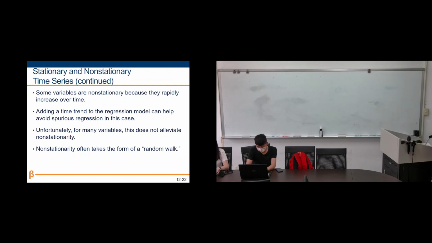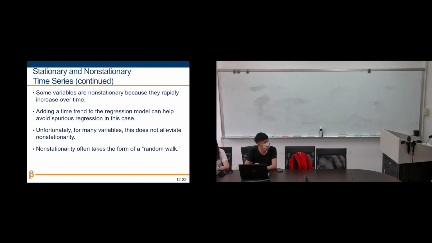Some variables are non-stationary because they rapidly increase over time. Adding a time trend to the regression model can help avoid spurious regression in this case. That's why we put t as an independent variable.